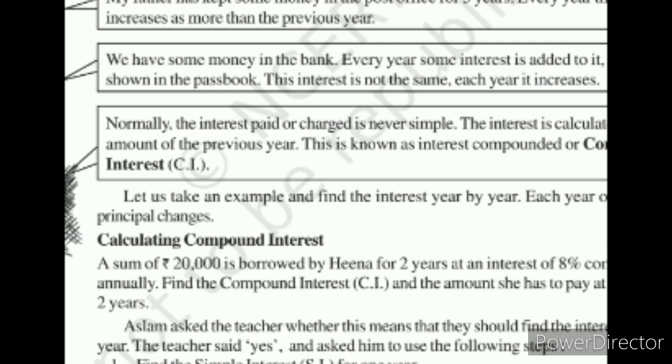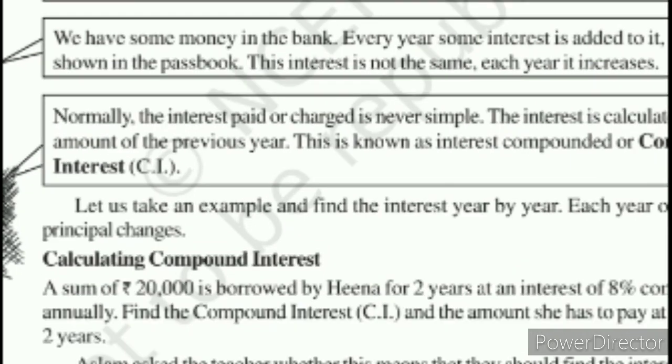But in compound interest, for the same amount 10,000 for 3 years at 2%, for every year the principal will change. What will be the principal? First year's amount will be second year principal. Second year amount will be third year principal. In that way we have to calculate compound interest. It is reinvesting the interest.